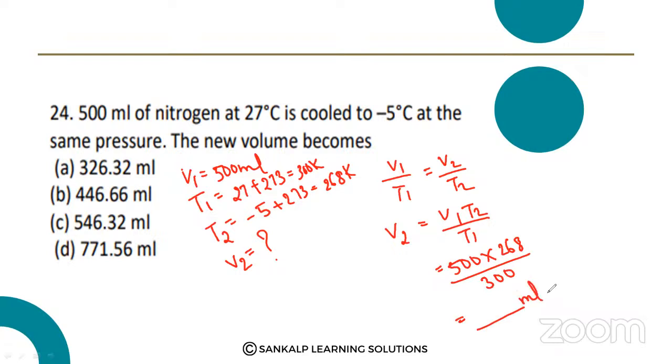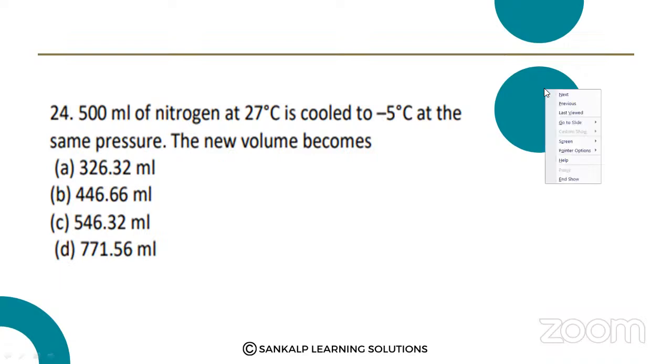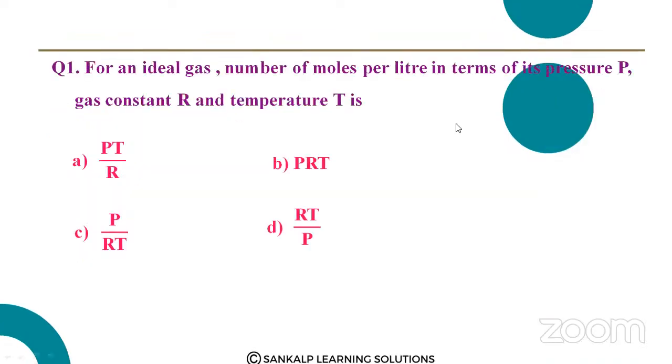What will be the answer? What is your V2? It is 446.6. Solve this and you will get the answer B. So like this, you're going to solve based upon the gas laws, using different mathematical relations.